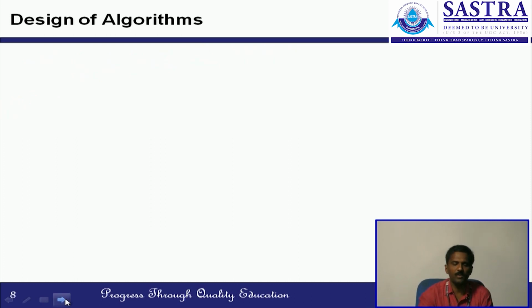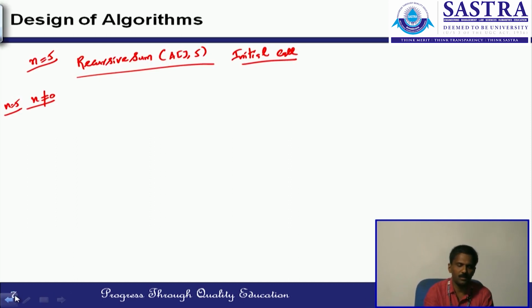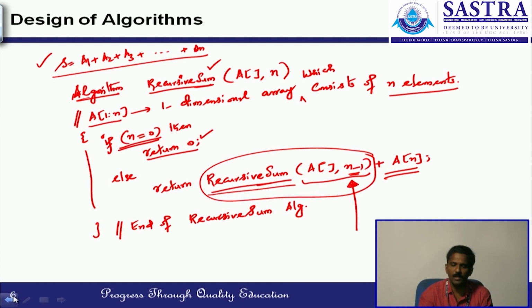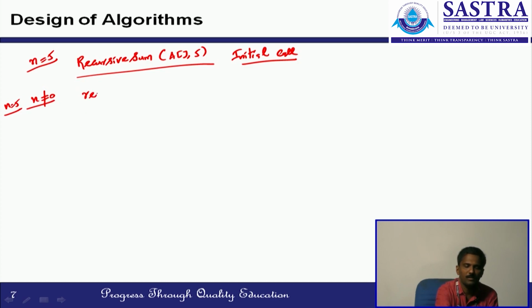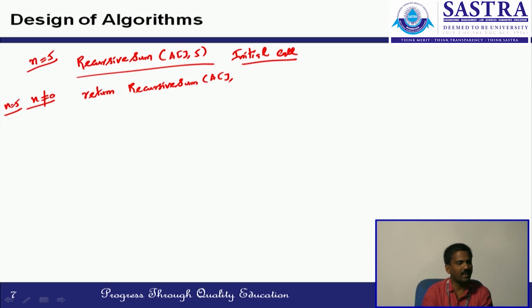In that case, what happens? Return recursive sum A array comma n minus 1. That means I write here return recursive sum A array comma n minus 1. What is the current n?